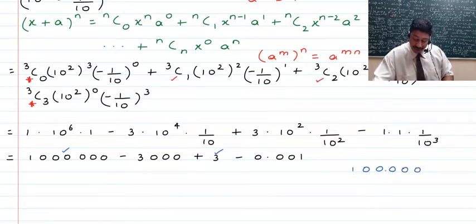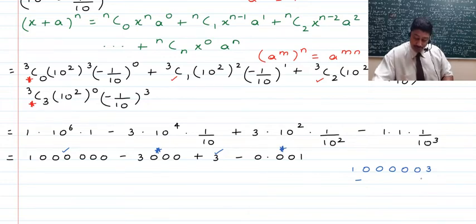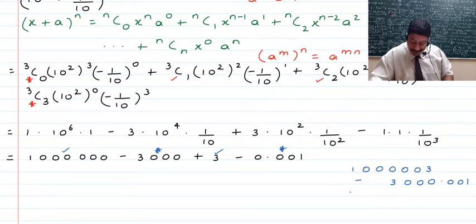So we have 1 2 3 1 2, and now we will write a 3 here, and from this, children, we are going to subtract the sum of 3000 and 0.001. So that is going to become equal to 3000.001.